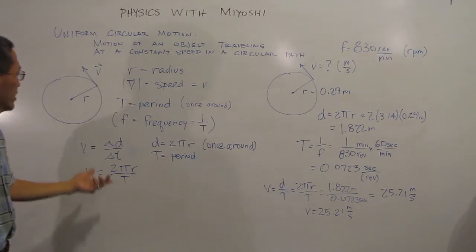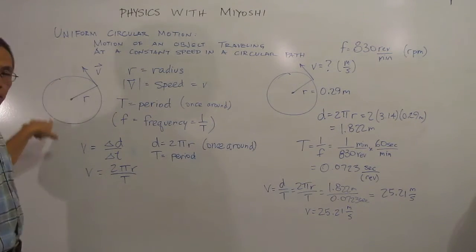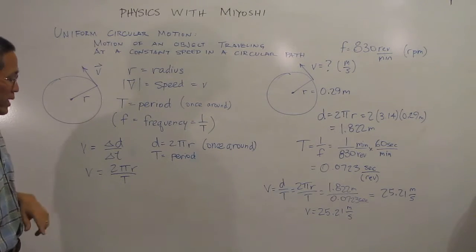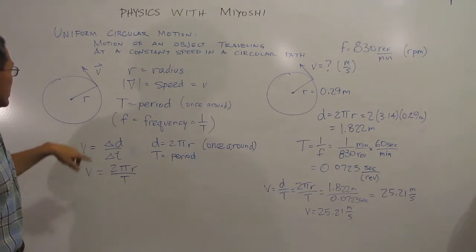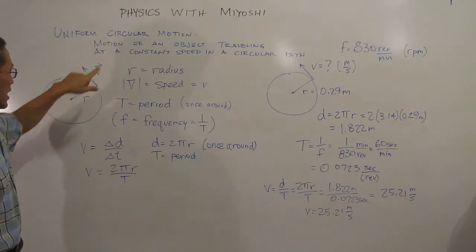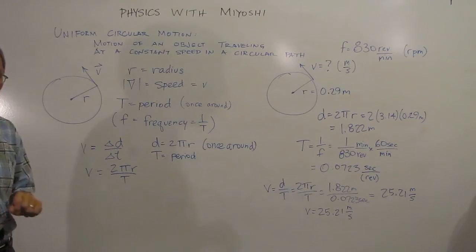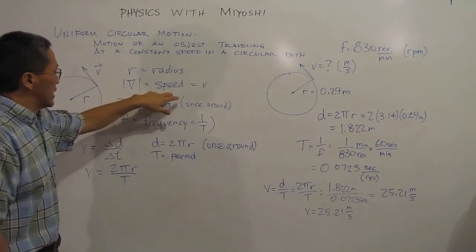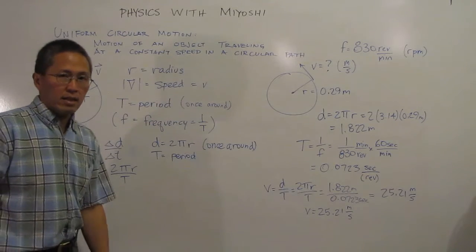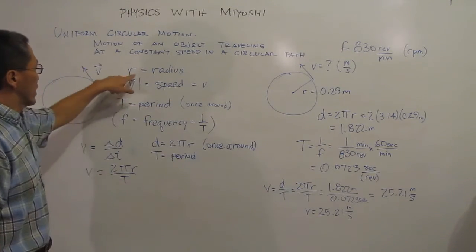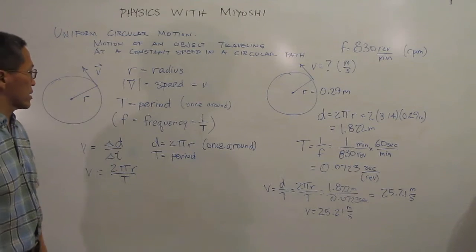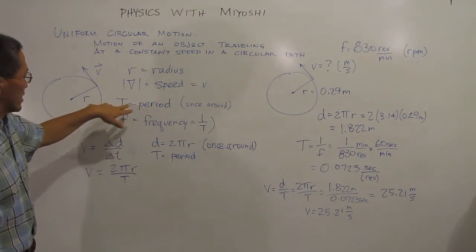So what does that mean? Well, if we have a path described by this circle and we've got a certain radius, like I had with the ball and the string, and I have this velocity, the velocity does change, but we'll talk about that later, but the speed stays constant. The radius is going to stay constant also in this, and we also have this thing called the period.